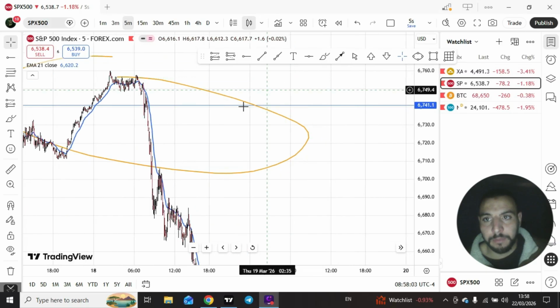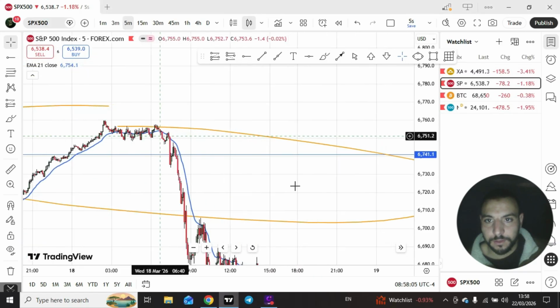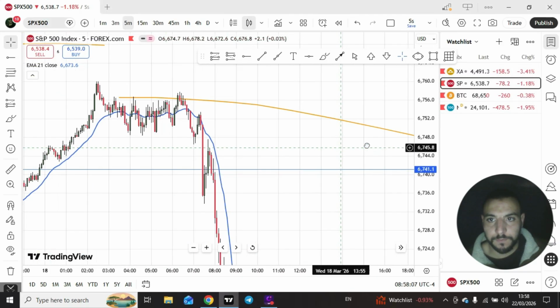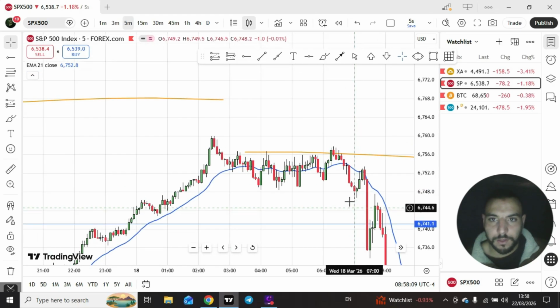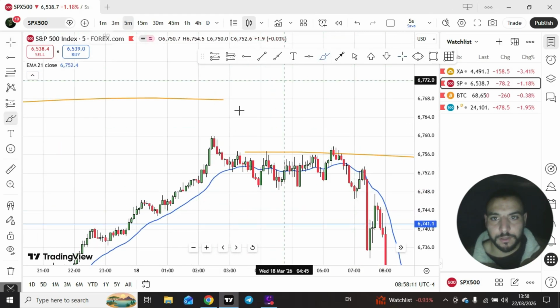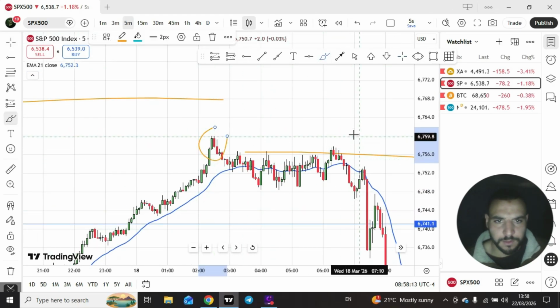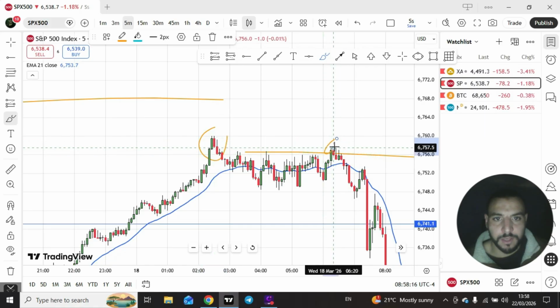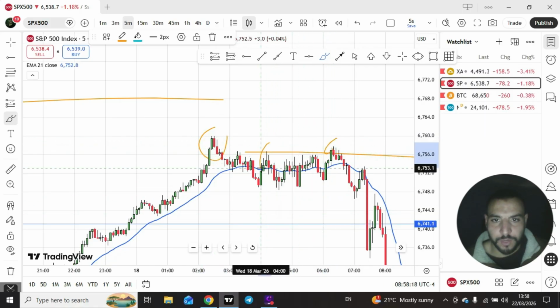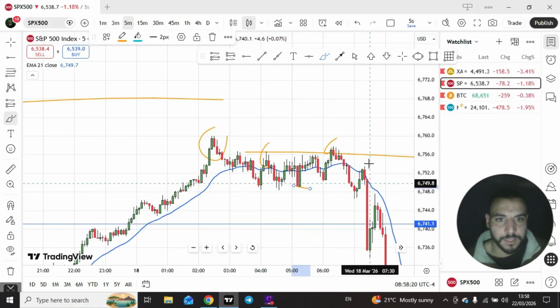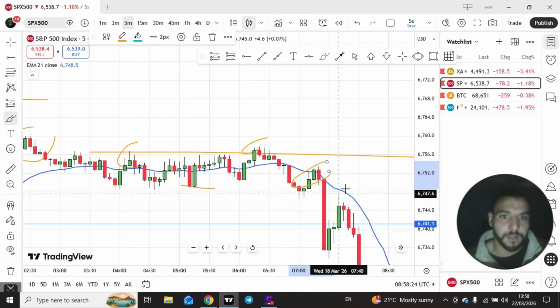I believe I'm going to find one. Yep, here is a rejection. Here is a rejection. Here's another double top. Price is trying to go up, but fails again. Another double top, and price fails.